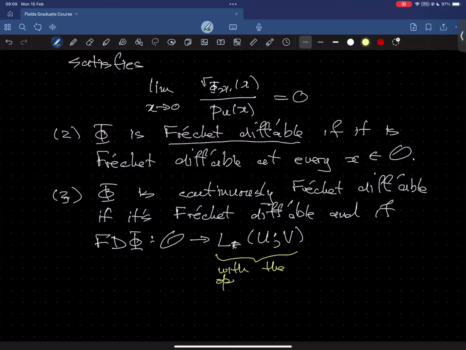put the operator norm on L(U, V), which we had defined before. Okay.